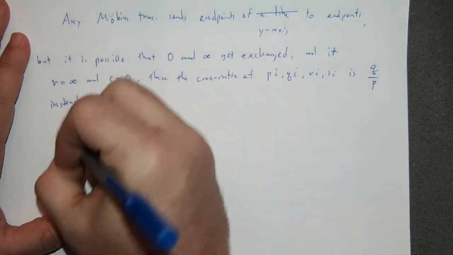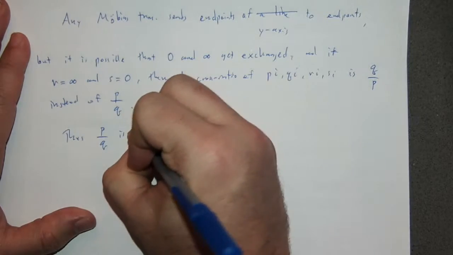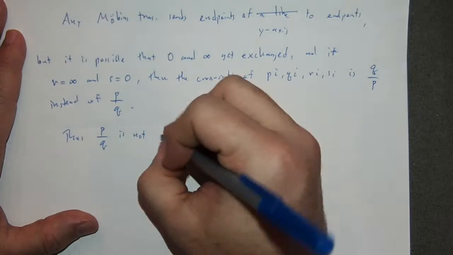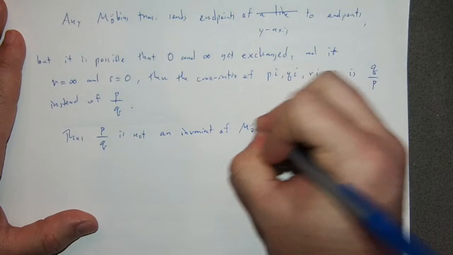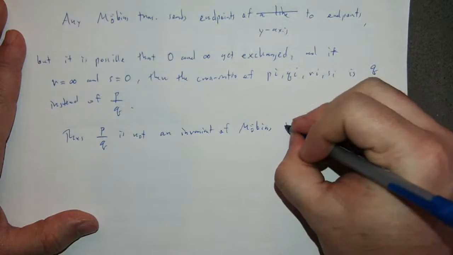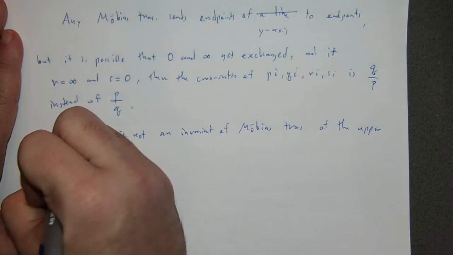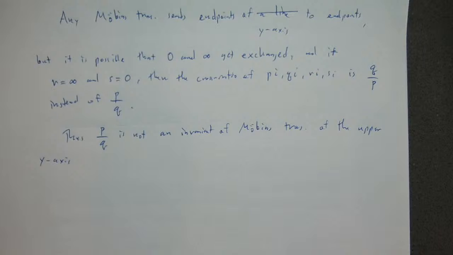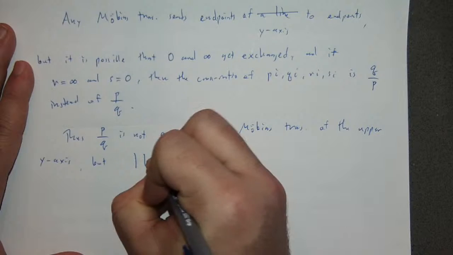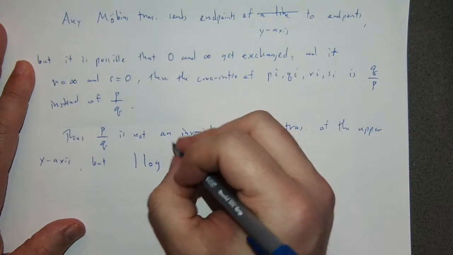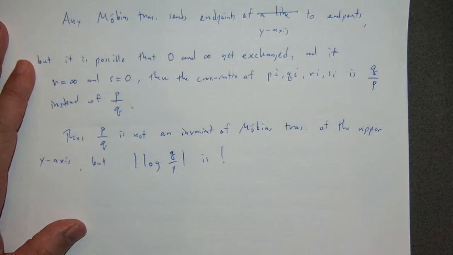So p over q is not an invariant of Möbius transformations of the upper y-axis, because it could get mapped to q over p, which is something different. But the absolute value of the natural log of p over q or q over p is y.